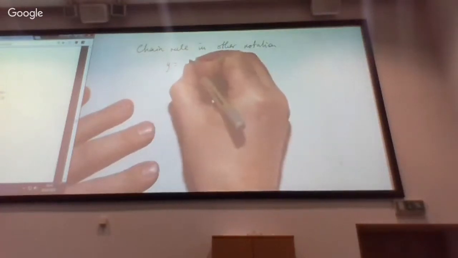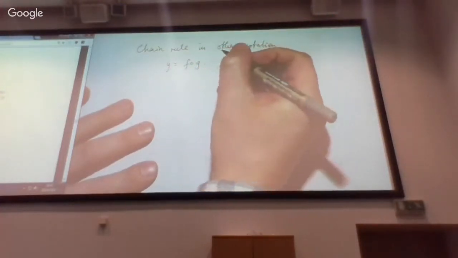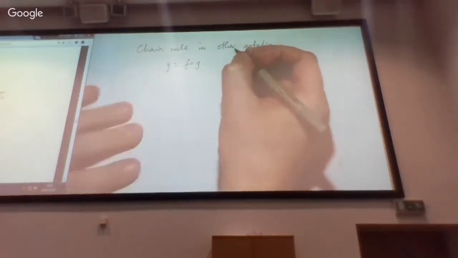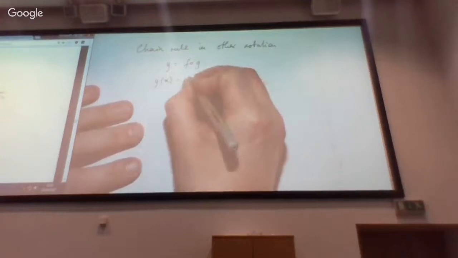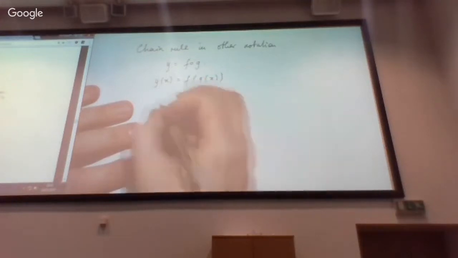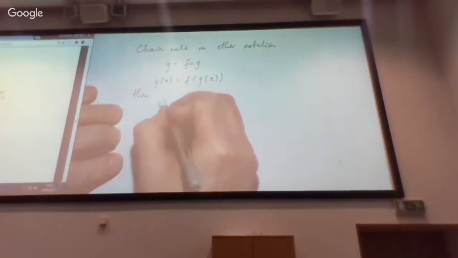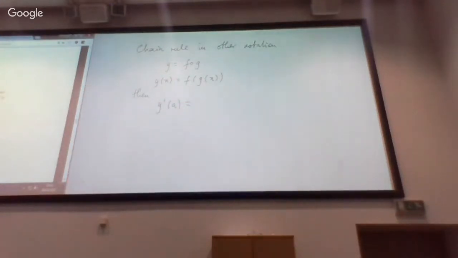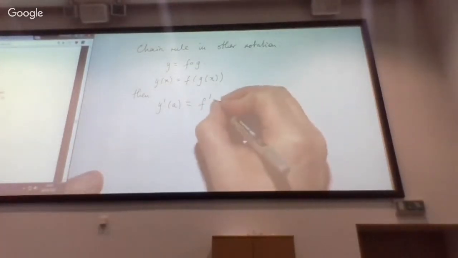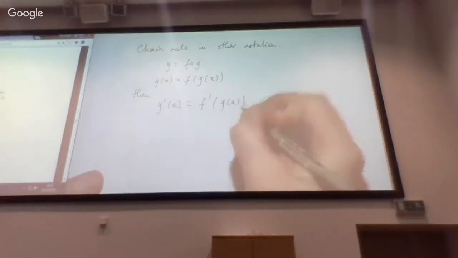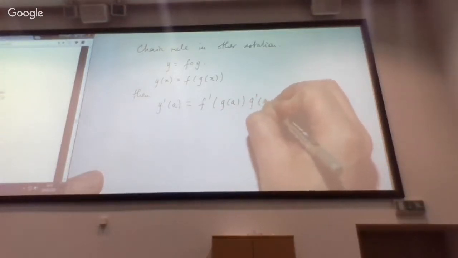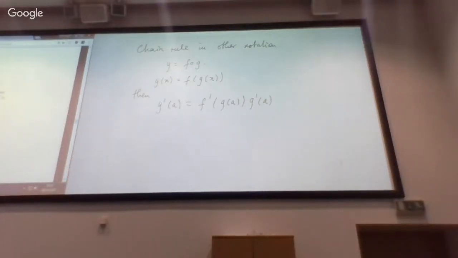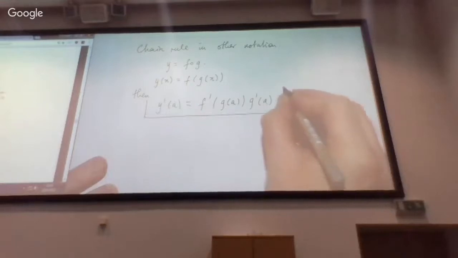If y is equal to f after g, so y of x is f of g of x, then the derivative of y evaluated at a point a is going to be the derivative of f evaluated at the point g of a, multiplied by the derivative of the inner function g evaluated at the point a. Okay, that's the chain rule.